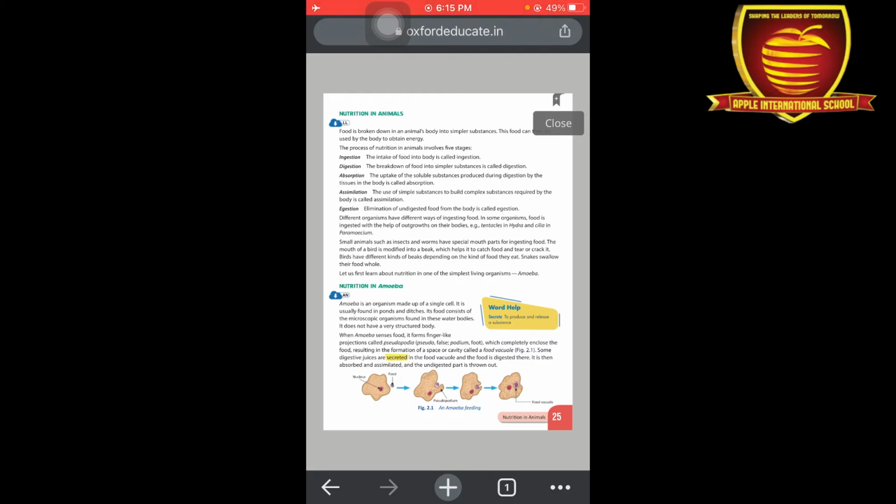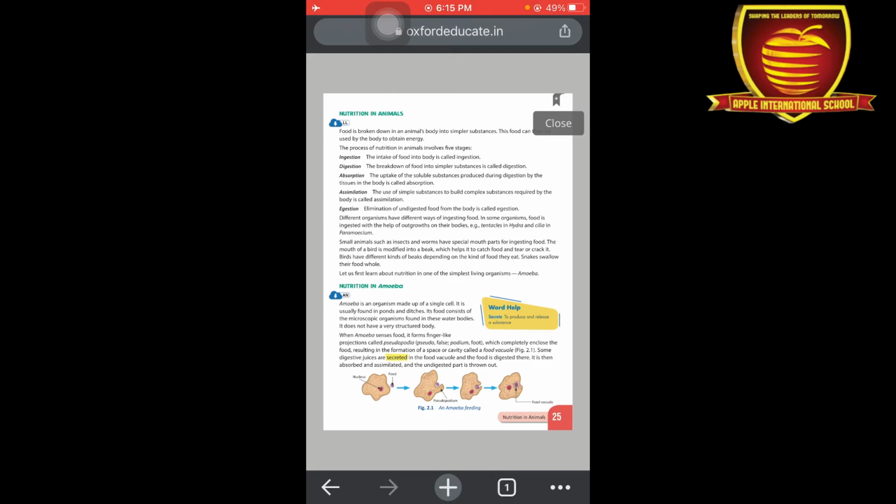Egestion is the elimination of waste material from our body in the form of feces, means we eliminate the undigested food from our body. That process is known as egestion.